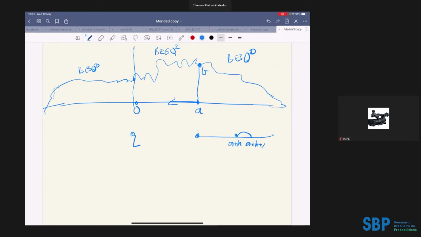Likewise, if you start off at 0, the number of moves from here to here have to be the same as the number of moves from here to here, because you're ending up to the right of the origin.